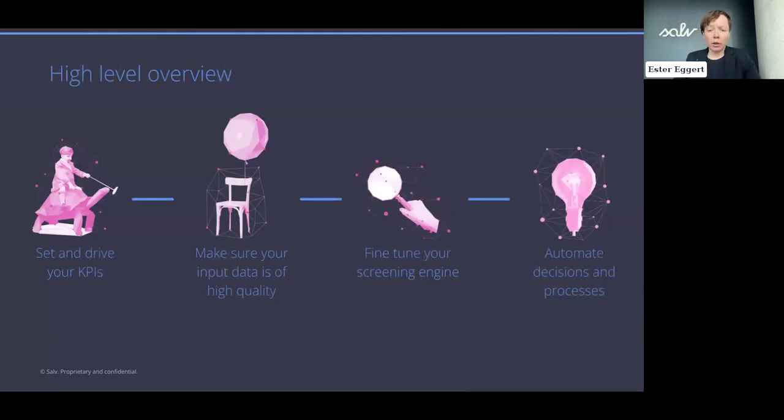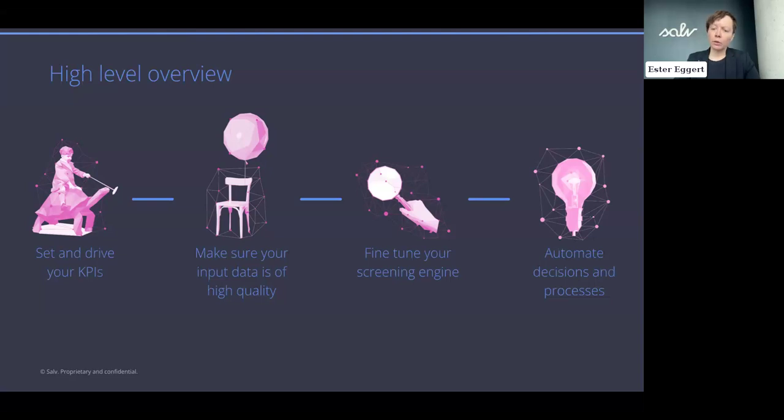So on a very high level, we will start from the chain of success. The starting point for the chain of success is actually KPIs, which we will talk about in a moment, because if you don't know what you're measuring, then it would be very difficult to say whether you are successful or not. We will talk about data quality, which is a slightly controversial topic in terms of screening, especially transaction screening, but there are things to consider here as well.